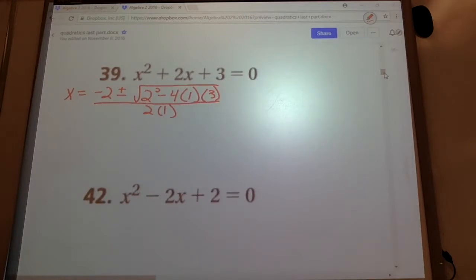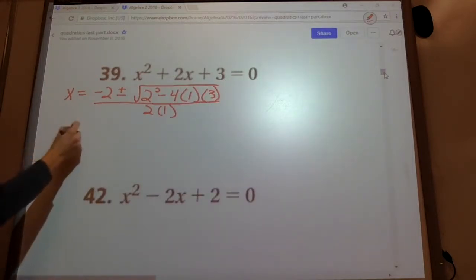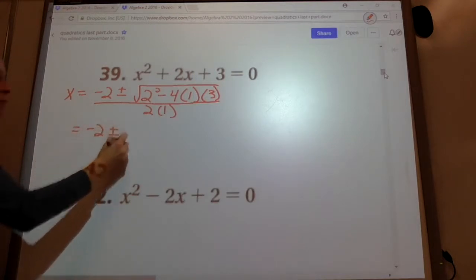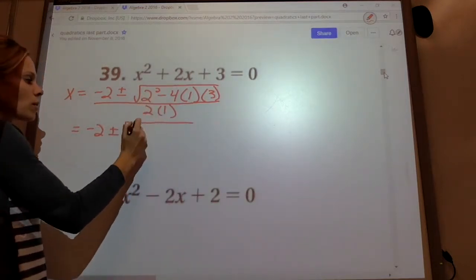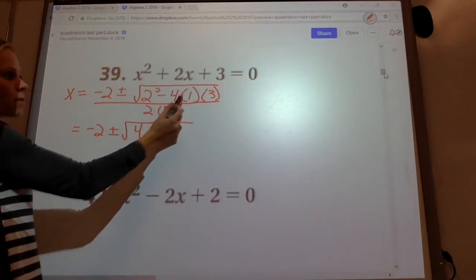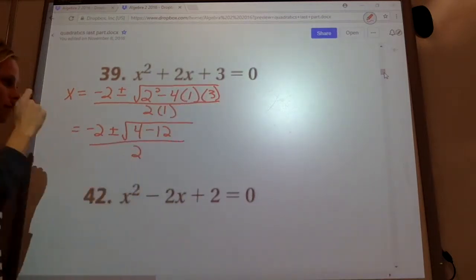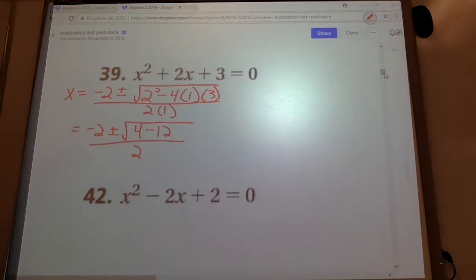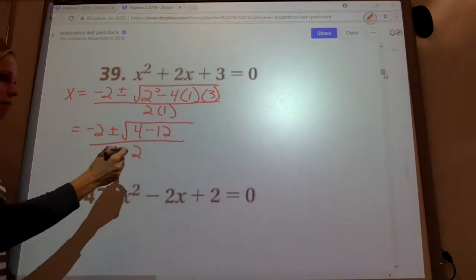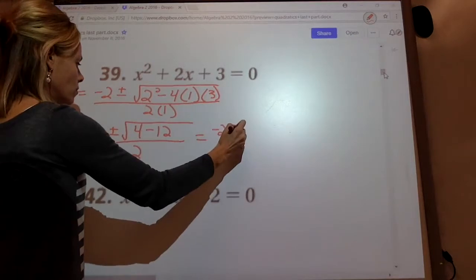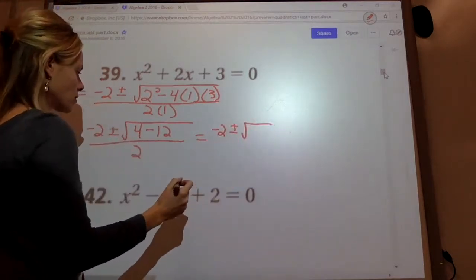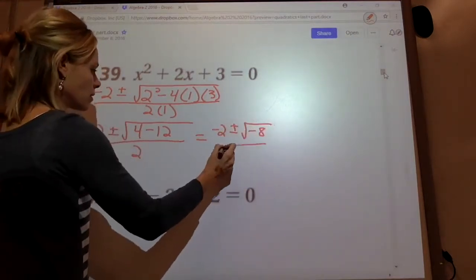Just a for a, b for b, c for c. Order of operations is very important. Negative 2 plus or minus 2 squared is 4. Negative 4 times 1 times 3 is negative 12. Right? Multiply first, then subtract. So I get negative 2 plus or minus the square root of negative 8 over 2.